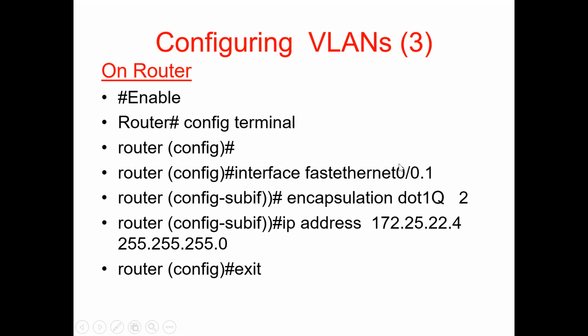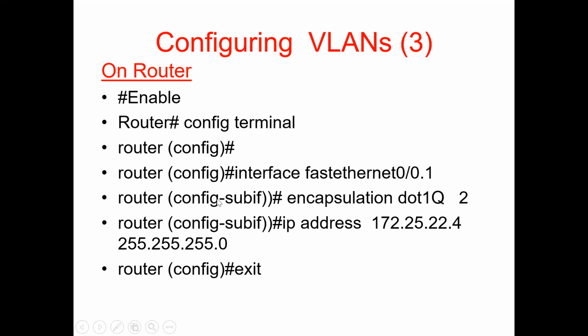Remember, when you connect the actual cable, you have connected to a specific port, either 0/0 or 0/1 and so on. So this assumes you have connected to port 0/0. On that port, we create the first sub-interface, 0.1: interface FastEthernet, or in short, Fa0/0.1.